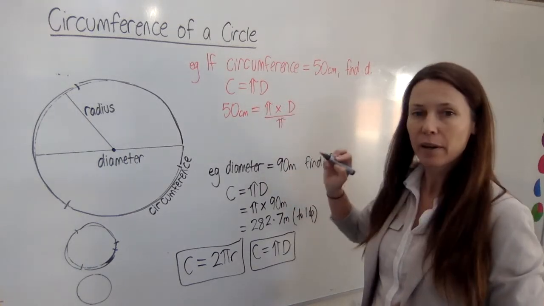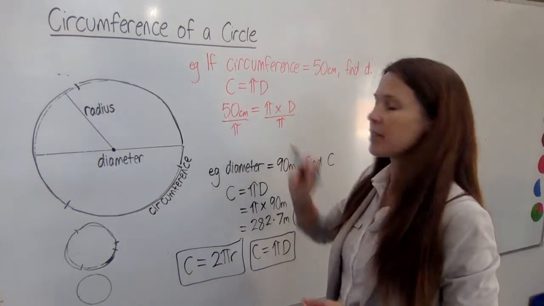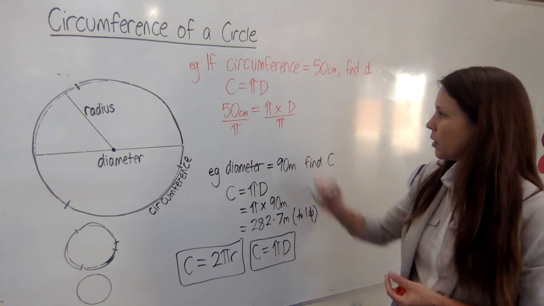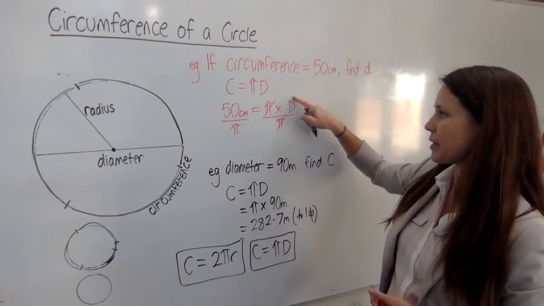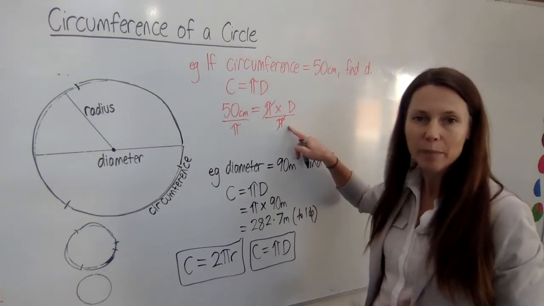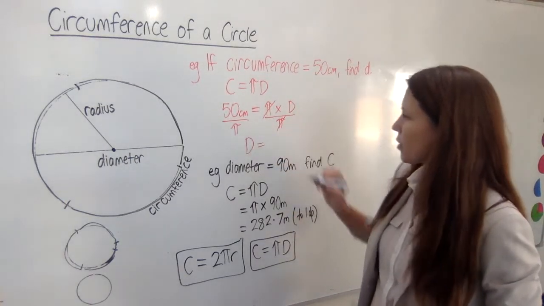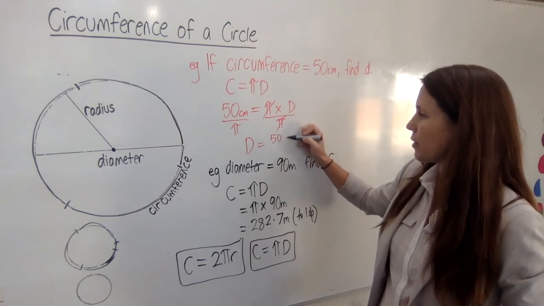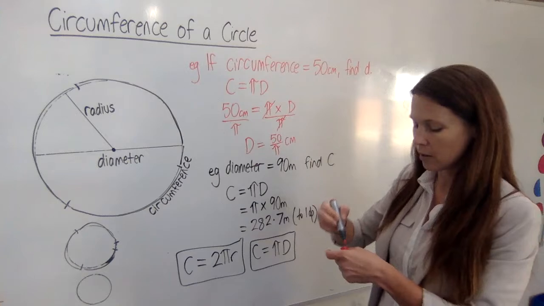Divide this side by pi, but to keep it nice and fair and balanced, divide this side by pi as well. What happens over here is that the pi's cancel out. If you've started with d and you've times by pi and then divided by pi, you've just got d. So d now equals, you can write this out nice and tidy at this point, 50 over pi centimetres.